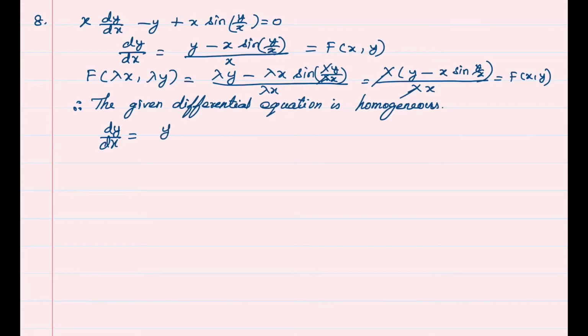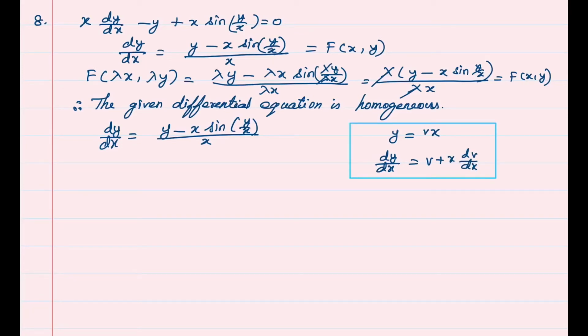dy by dx is y minus x sine of y by x upon x. We will substitute y by x as v, that is y is equal to vx, differentiating both sides with respect to x. dy by dx is v plus x dv by dx equal to y, which is vx, minus x sine vx, upon x, that is v, divided by x.